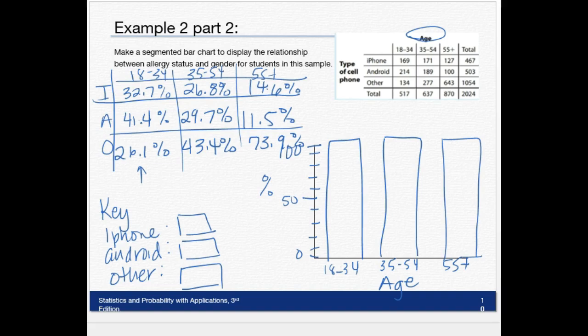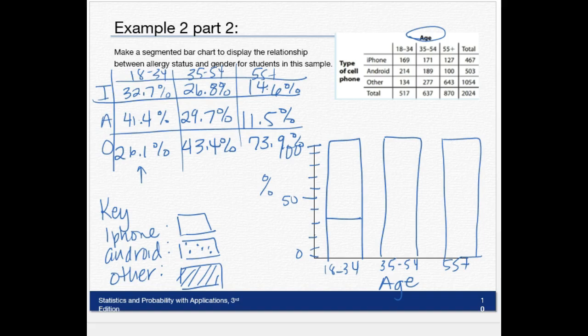So for iPhone, I'm going to just leave it blank and open. For Android, I'm going to put polka dots. And for other, I'm going to stripe it. That's easy to do. Now, first look at your 18 through 34 group. iPhone, 32.7, so I'm going to count up: 10, 20, 32. So this portion below is blank because it represents the iPhone.